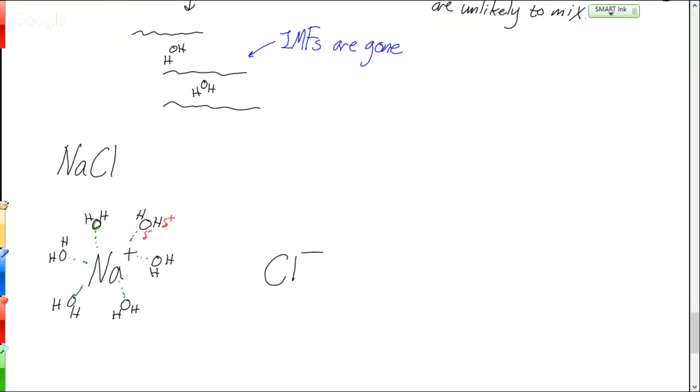Around the chloride, we'd expect the exact opposite. The positive hydrogens would point down toward the chloride and interact that way.